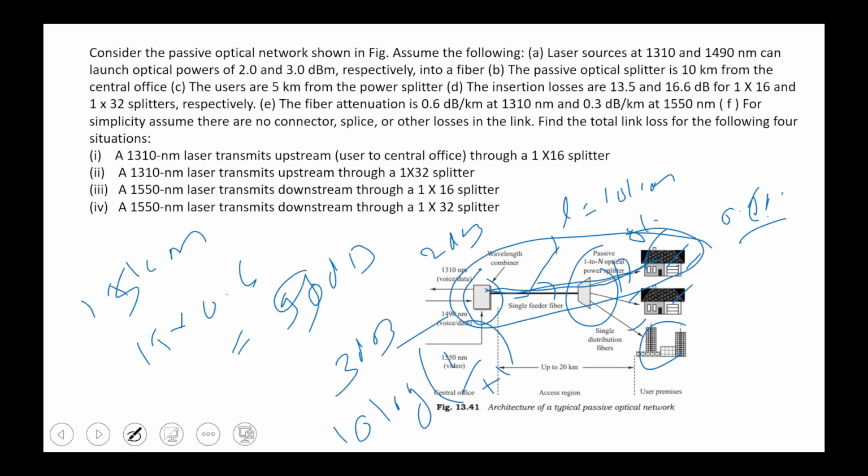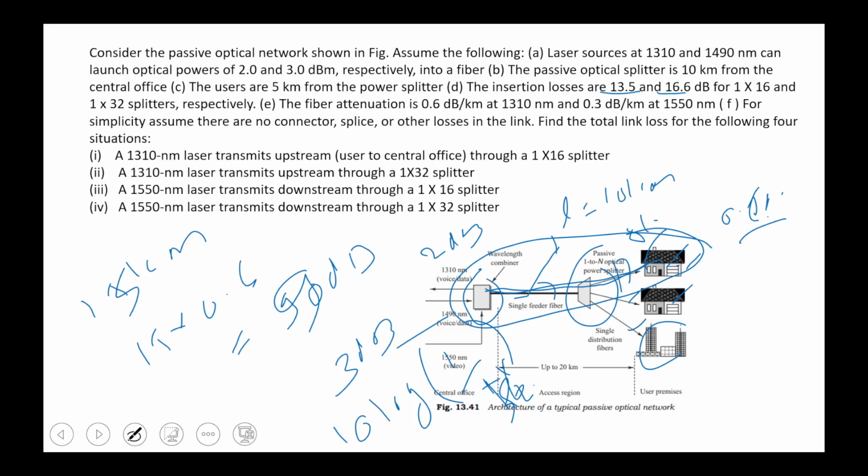So how much will be the loss in that case? Given that n is 16, 1 by n will be 1 by 16. So its value will be multiplied with 13.5, and the other one with 30 by 2. It will be multiplied from the 60.6 for the 1310 and 1410 nanometer for 1 and 2 spirals.